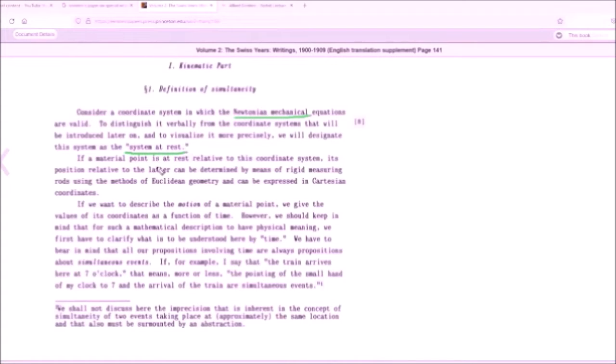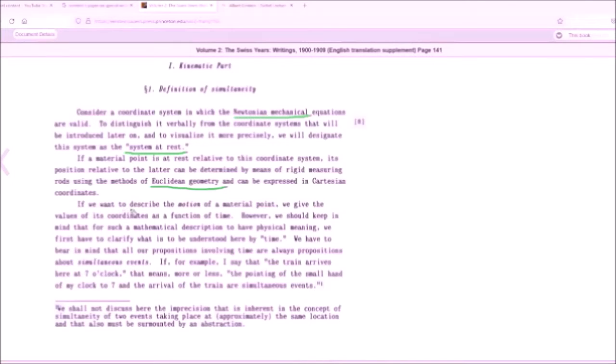If a material point is at rest relative to this coordinate system, its position relative to the latter can be determined by means of rigid measuring rods, which means x, y, and z, using the methods of Euclidean geometry, and can be expressed in Cartesian coordinates.